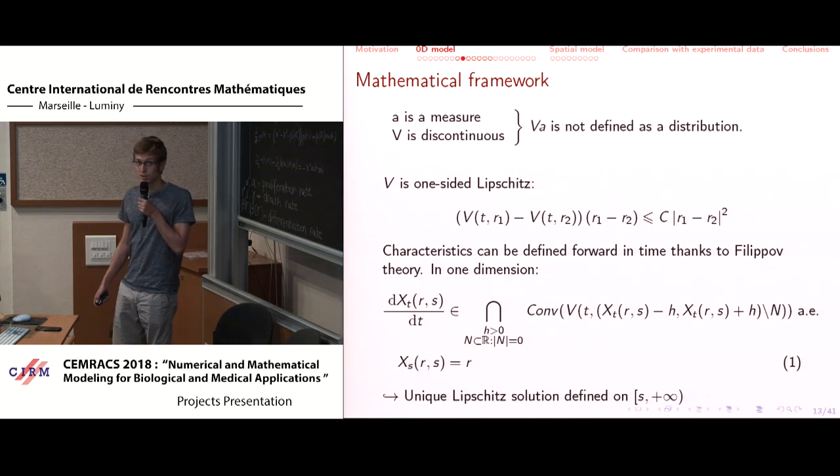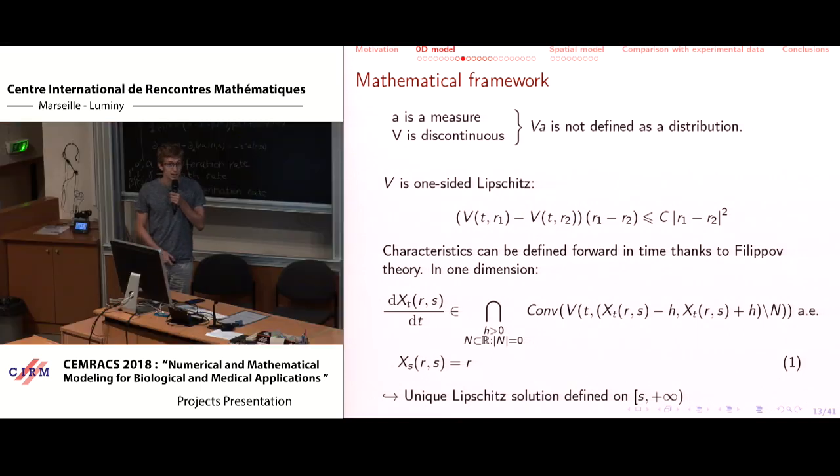So we need a special definition for a solution. Fortunately, the velocity is one-sided Lipschitz. That means that this inequality holds. And in our case, V is even decreasing, so this inequality is easy to check.